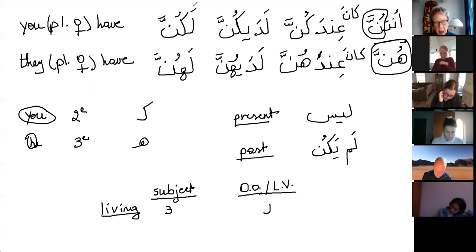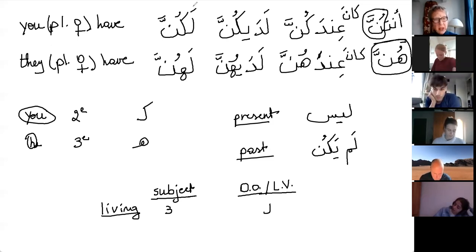Yes, exactly. The house is masculine and the subject is non-living. Could I have used هذا البيت فيه حمام كبير? Yes, because it's inside the house. Exactly, bravo.